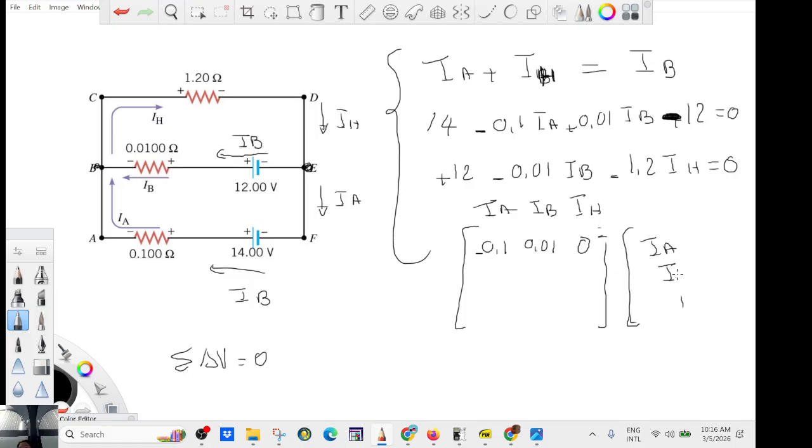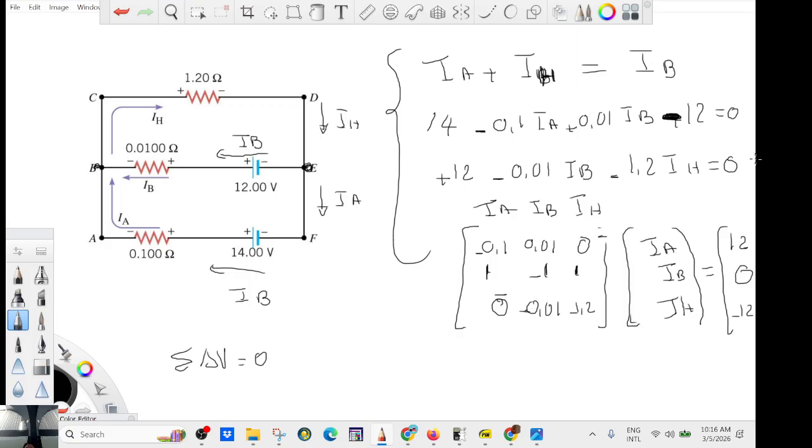IA, IB, IH, and here you have 12, and so forth and so on. IA 1, minus 1, 1, 0, and here it's IA 0, IB is minus 0.01, minus 1.2, minus 12.